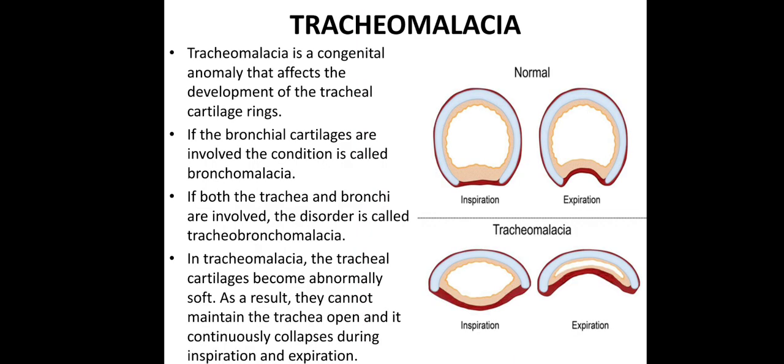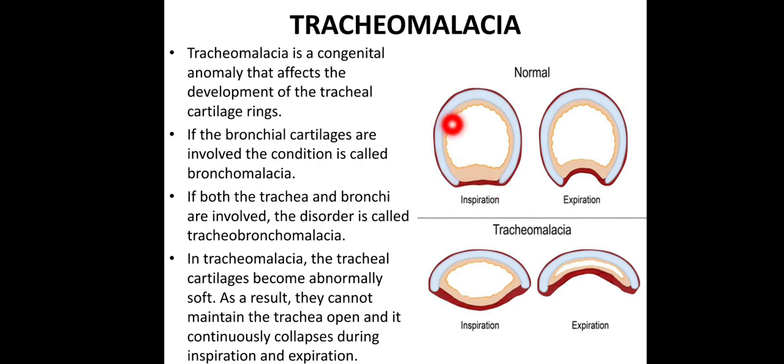Clinical applied. The clinical application for the trachea is tracheomalacia. What is tracheomalacia? Tracheomalacia is a congenital anomaly that affects the development of the tracheal cartilage rings. You can see this is the normal C-shaped trachea, and posteriorly there is the trachealis muscle and fibroelastic ligament.